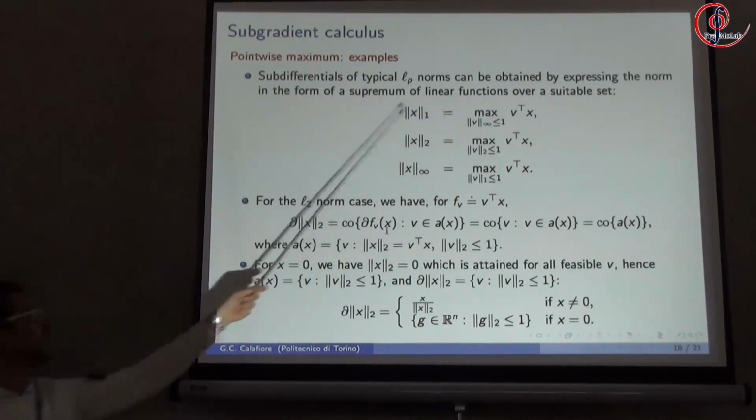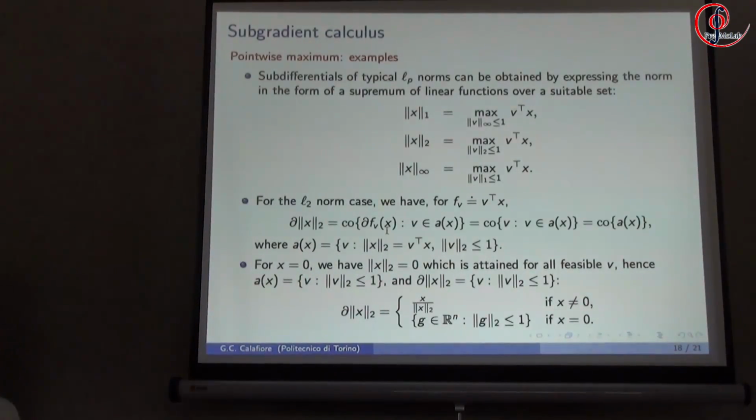And this is actually what I already showed in one of the previous slides. It is just this trick of expressing absolute value as a maximum of something. And something very similar can be done also for the L2 norm and the L infinity norm. So we express the norm as a maximum.